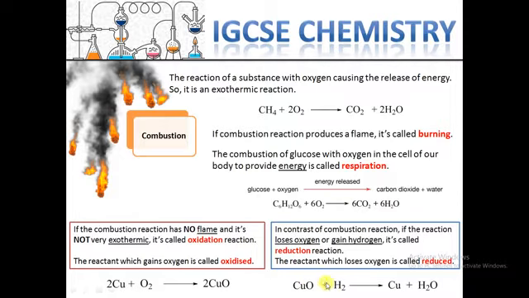Actually copper oxide loses oxygen because it converts to copper, just copper metal without any other atoms, right? So just keep in your mind, these are two opposite definitions: oxidation and reduction. These are completely opposite.